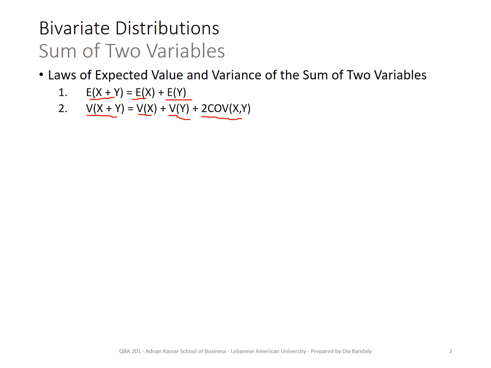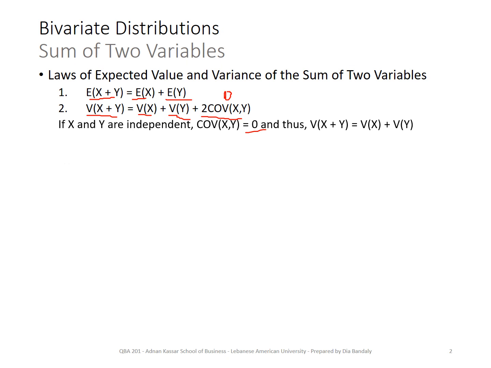However, if you are told that x and y are independent, so we know that their covariance will be equal to 0, which means this will become 0, and which means the variance of x plus y will be only the sum of the variances of x and y.